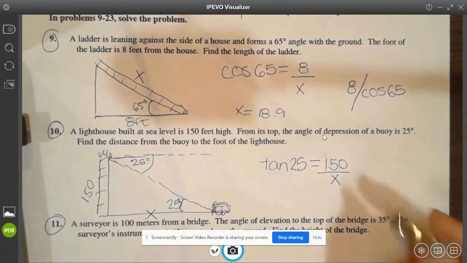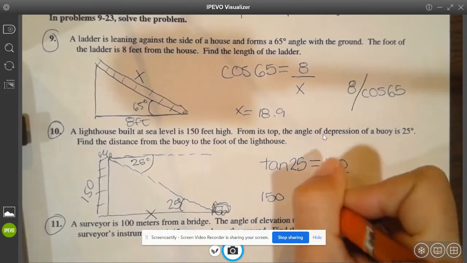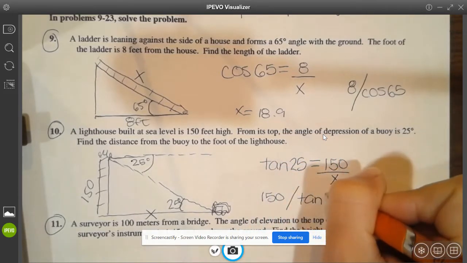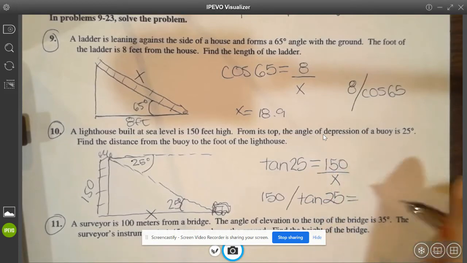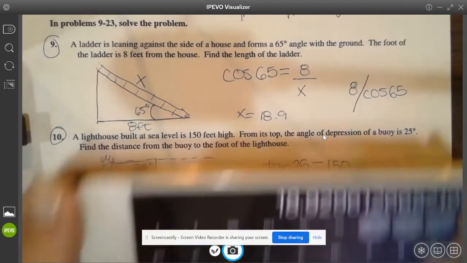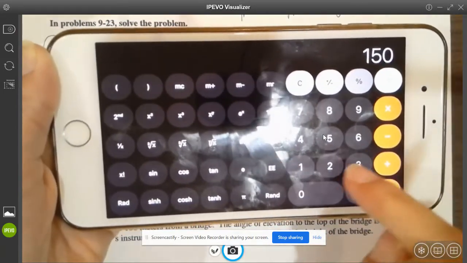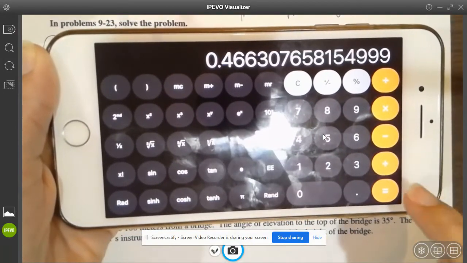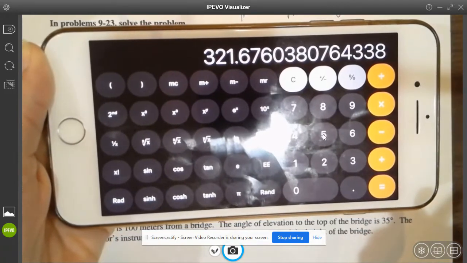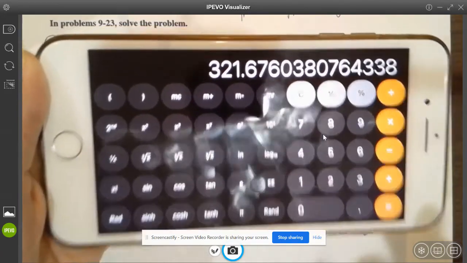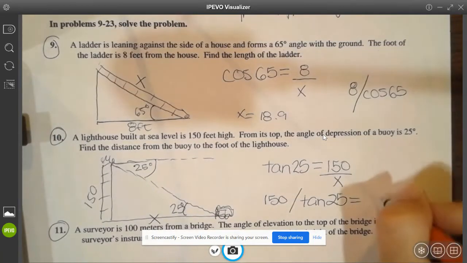You are dividing again. So that's 150 divided by tangent of 25. And that is 321.7.